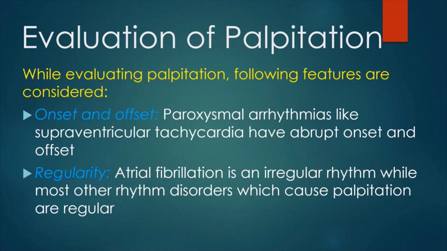While evaluating palpitation, the following features are considered. 1. Onset and offset. Paroxysmal arrhythmias like supraventricular tachycardia have abrupt onset and offset. 2. Regularity. Atrial fibrillation is an irregular rhythm, while most other rhythm disorders which cause palpitation are regular. 3.